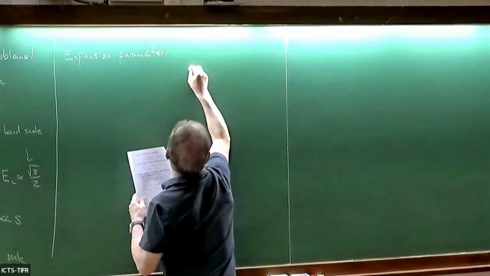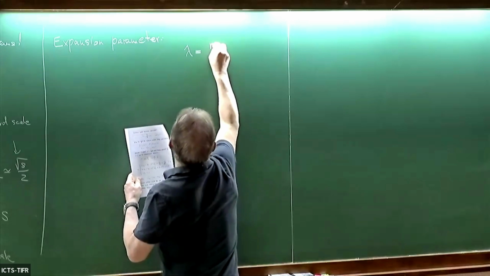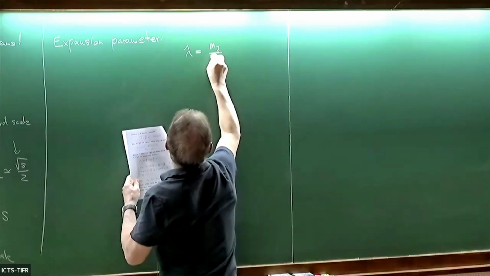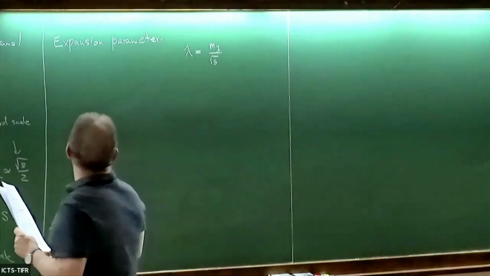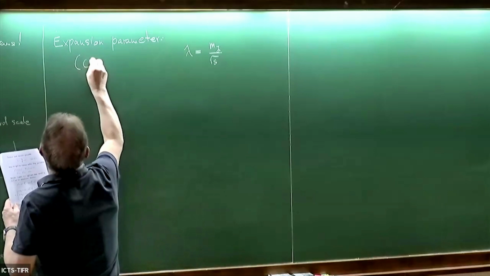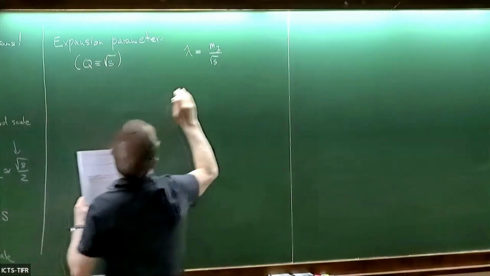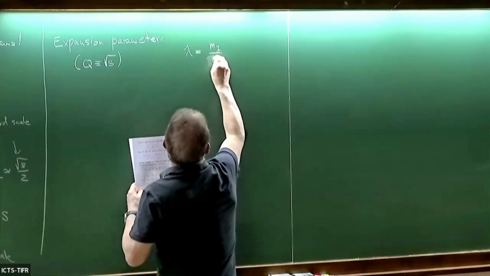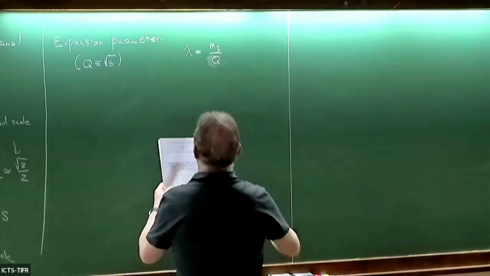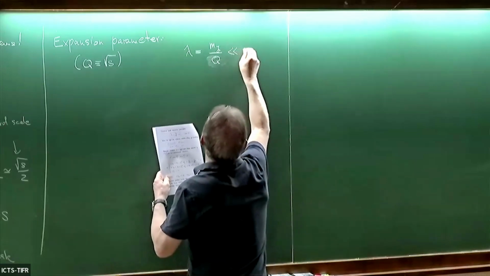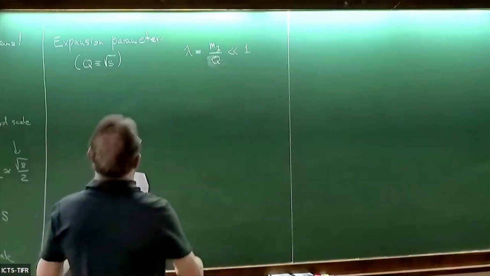Let me define the little lambda to be the jet mass divided by square root of S. And let me also call Q square root of S, so I don't need to write square roots all the time. So Q is the hard scale, jet mass is the small scale, and by assumption, this is much, much less than 1. So that's our expansion parameter.